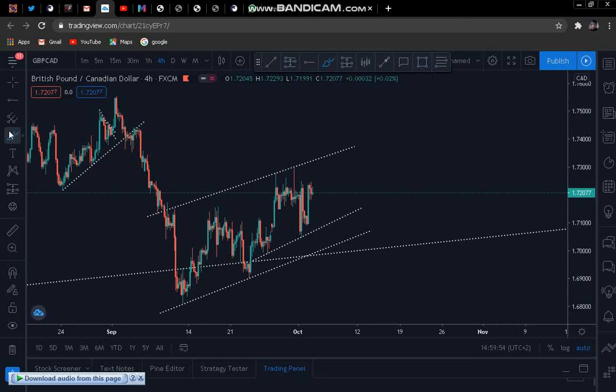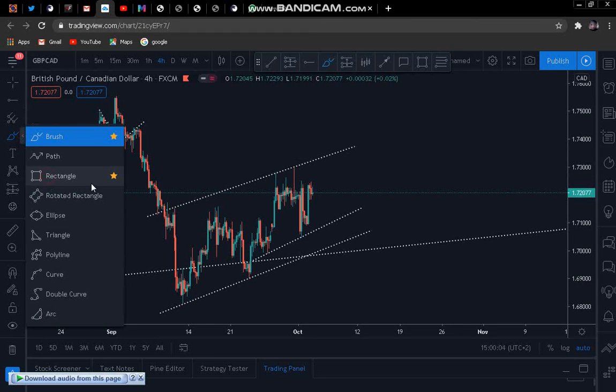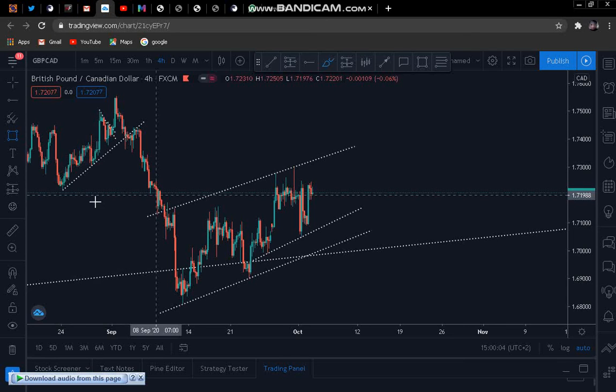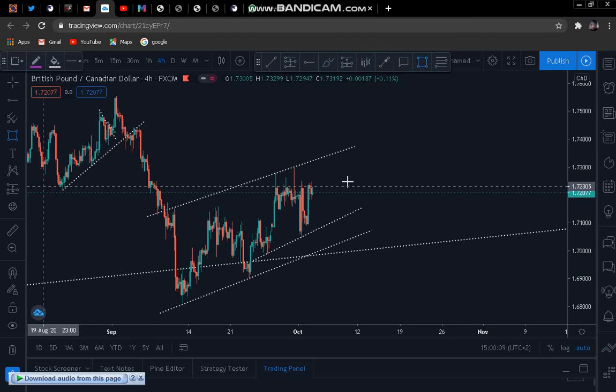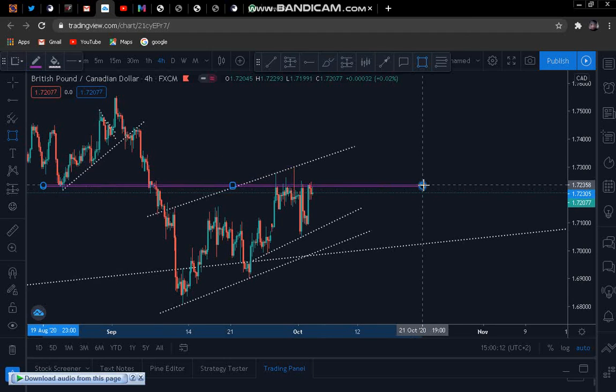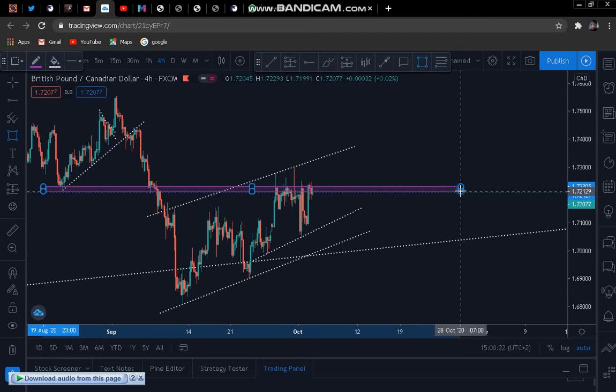So all we are waiting for is, if you look at this one, an area that we could look forward to when it comes to taking our trades: a visible, proper rejection of this resistance zone over here.